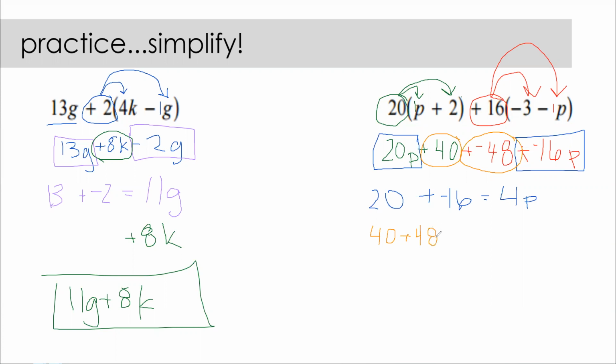And I am combining them, so I'm adding them together. Positive 40 plus negative 48 is going to give me a negative 8. Now I'm going to put these two together. So I've got 4p plus negative 8. And that is going to be my final answer.